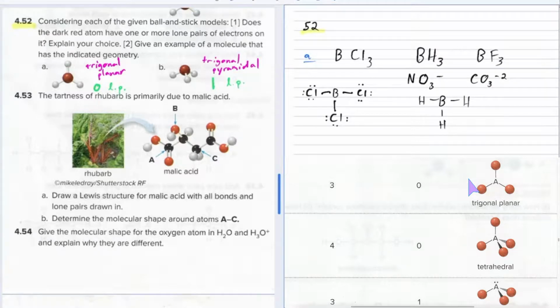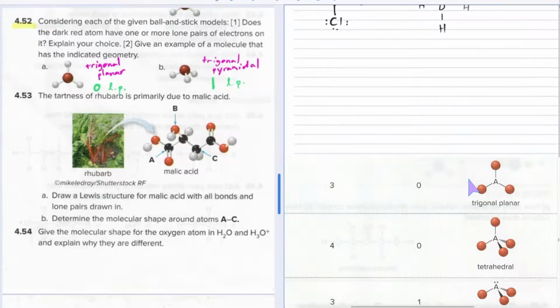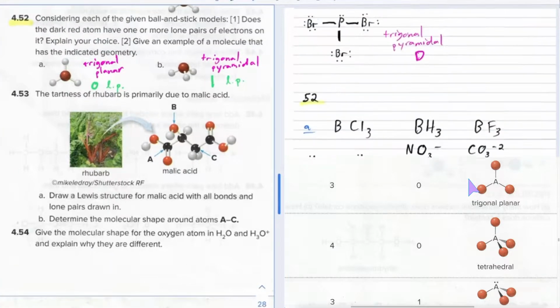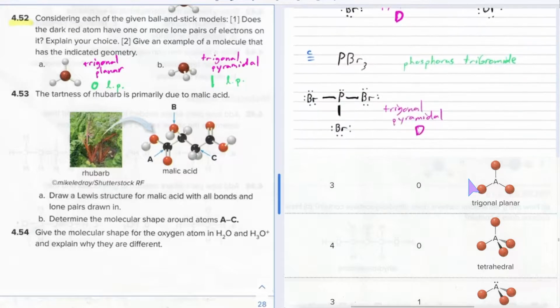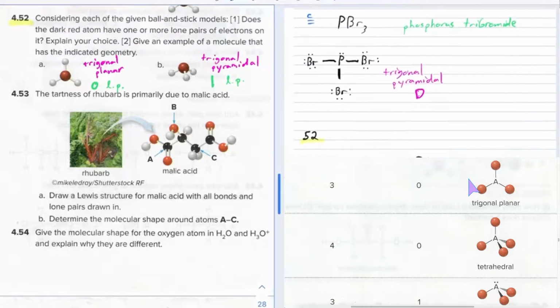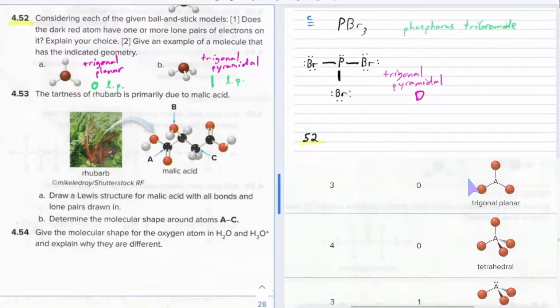What about the trigonal pyramidal? For B, trigonal pyramidal, we saw an example of that in our previous problem: phosphorus tribromide. That's trigonal pyramidal.